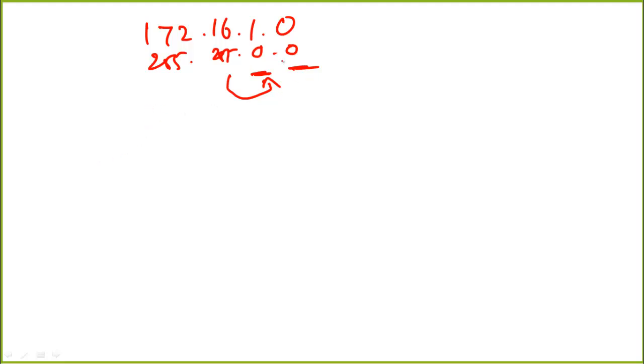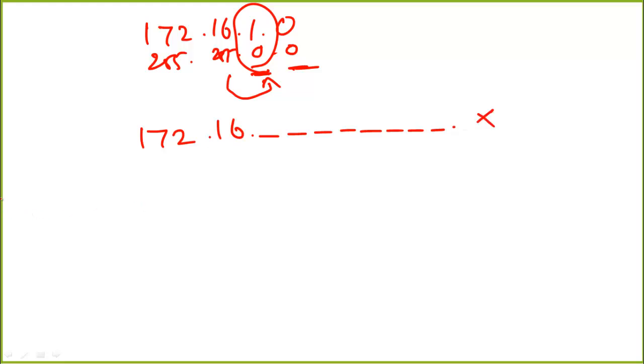So here if I have to borrow the bits, I will have to work on this third octet. So when I do that, 172.16 dot, I will have these 8 bits followed by something.